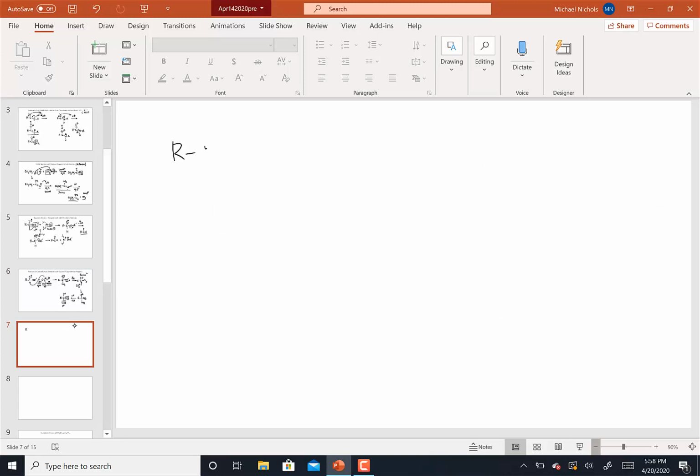Let's do another review reaction: the nitrile with a Grignard or organolithium compound. Let's see how many equivalents we need here. Actually, we're just going to use one equivalent.